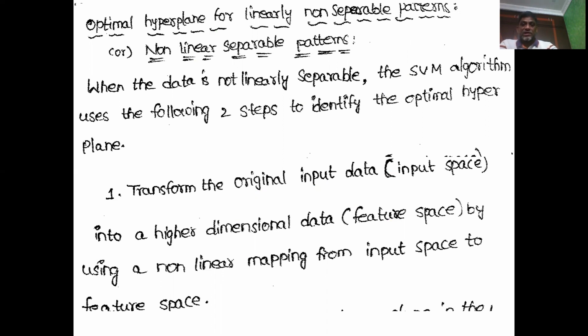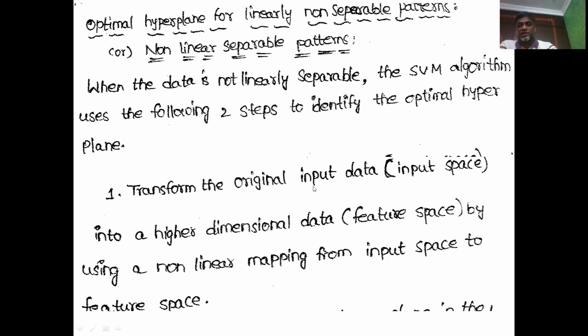Now let us understand the steps used for designing a nonlinear SVM for a given set of input patterns. In the first step, because we choose nonlinear SVM when the input data is not linearly separable, we transform the original input data, which we call the input space, into higher dimensional data.